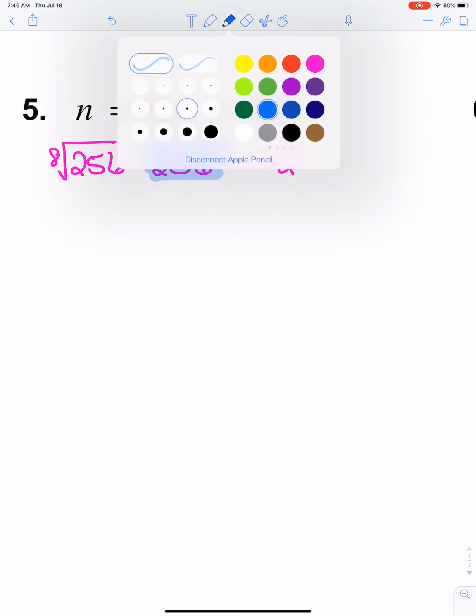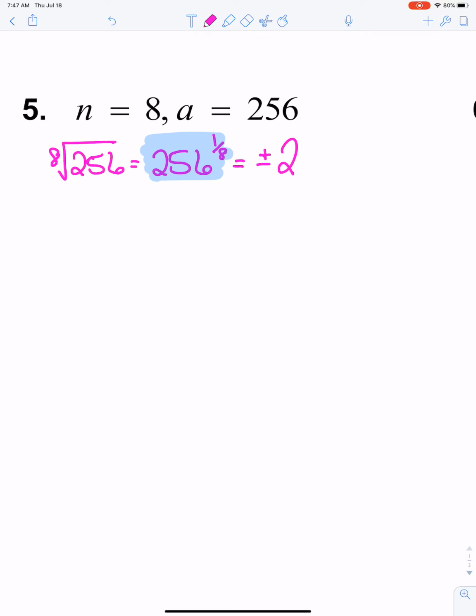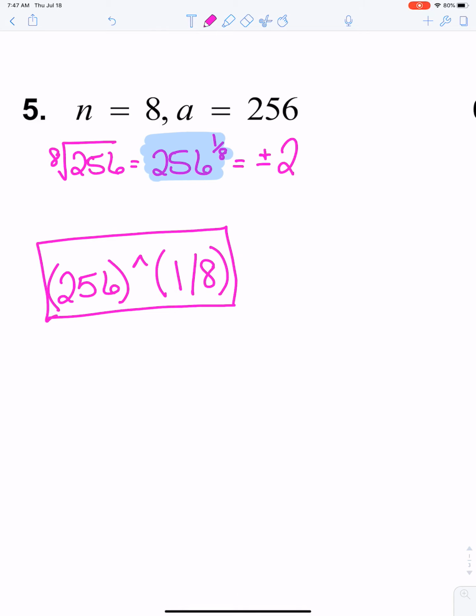So you should have something like 256, make sure you have your parentheses, and then you put a caret, and then again parenthesis 1/8. This is how it should look in the calculator.